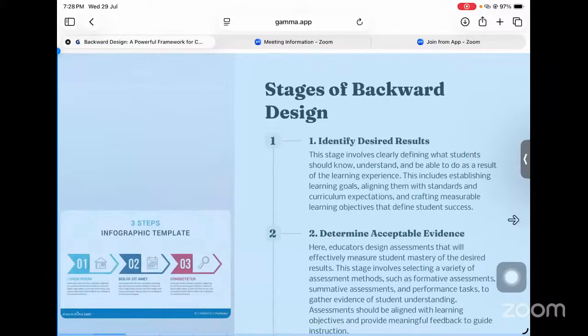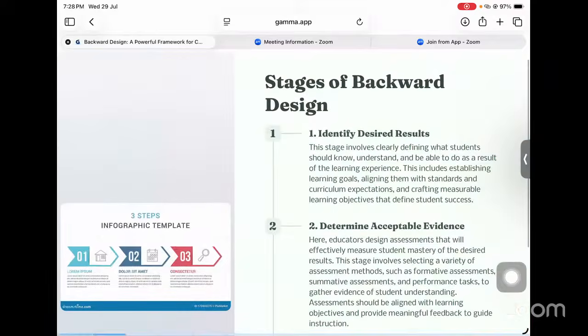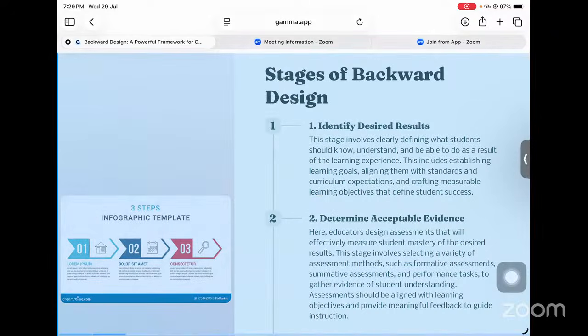So, what are the stages of backward design? When you say backward design and we use it for unit planning, then what do we do? The very first thing you need to do is identify what your results are. At the end of the unit, what are the things that the students should know, should understand, and should be able to do because of this learning experience?